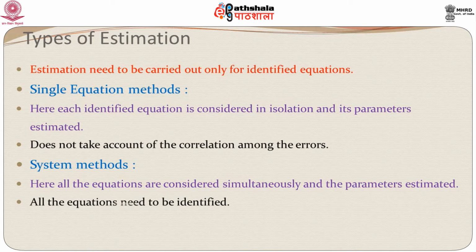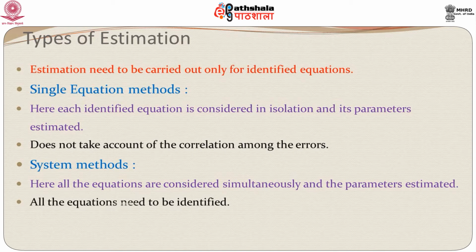Whereas, in system methods, we take all the equations simultaneously and estimate the parameters. In this case, of course, we can take cognizance of the correlation between the different errors, but remember, in this case all the equations need to be identified, because the system needs to be identified before we can carry out its estimation.